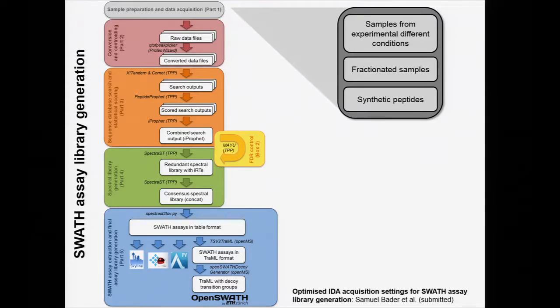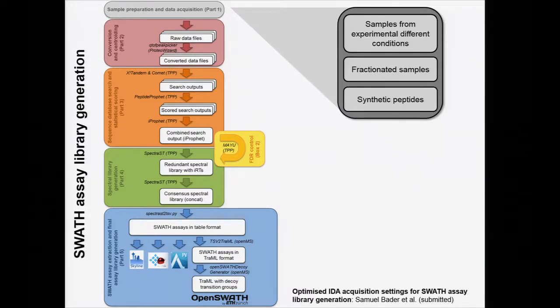We know that DDA analysis is often not quite as sensitive as the SWATH analysis, and so we found in some cases it might be beneficial to do a fractionation step here for the purpose of library generation, so that you have a more comprehensive library and a better chance of extracting all the signals that are detectable in the SWATH data.